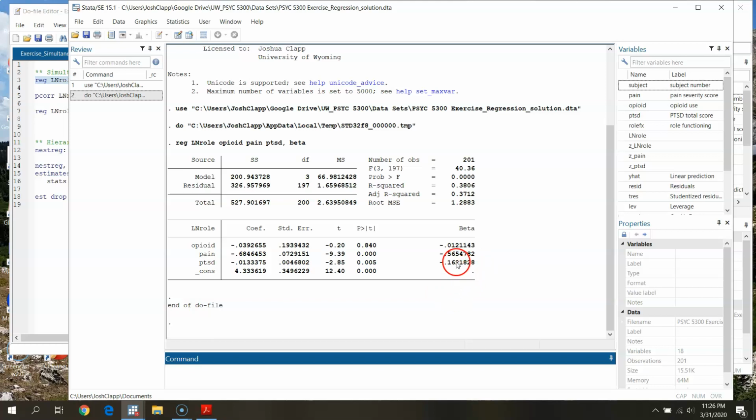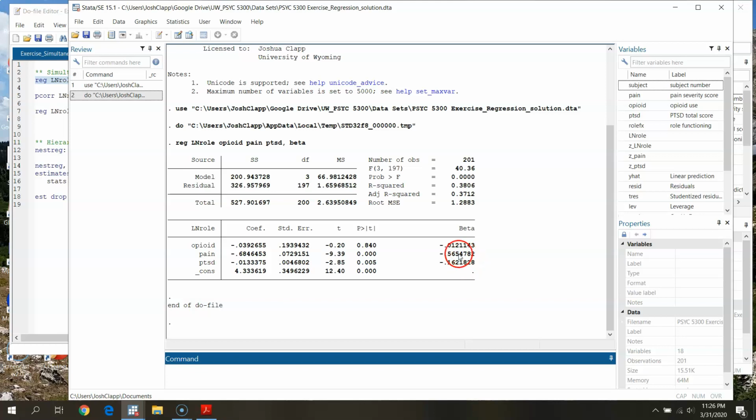So if we were to give these literal interpretations, ignoring the fact that we have a transformed variable here, we would see that for every standard deviation unit increase in pain, we would expect a corresponding little over half standard deviation unit decrease in the natural log of role functioning. For PTSD, for every standard deviation unit increase in PTSD, we would expect a 0.16 standard deviation unit decrease in the natural log of role functioning.